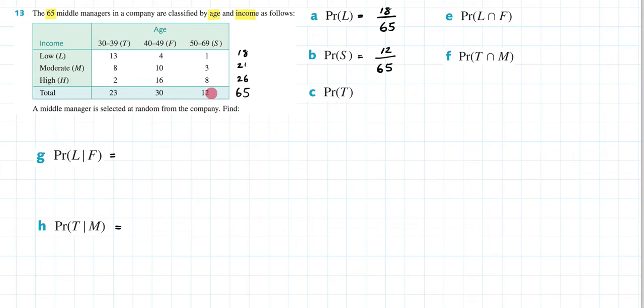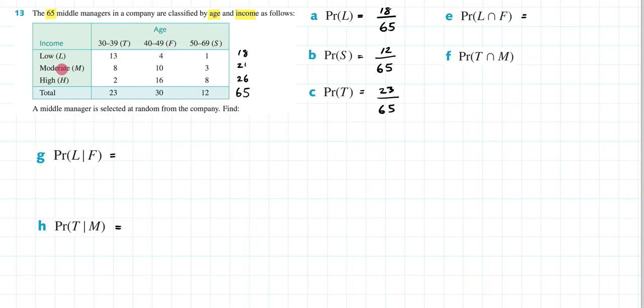Next, T. T is the young ones. What's the probability that I'm going to select a young one? Well, there's 23 of them out of 65. What's the probability that I'm going to get an intersection of a low income person who is middle-aged, so this middle value here.